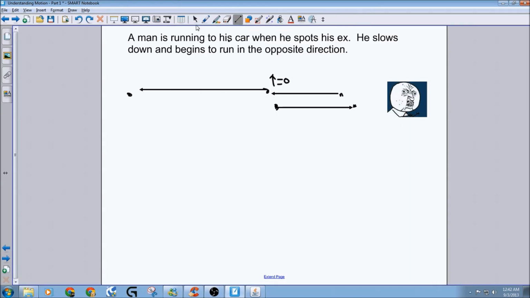If we'd had smaller time intervals, you would have seen something like this. The arrows get shorter, and eventually it stops, and then the short arrows go the other direction, and then they get longer and longer in the other way.